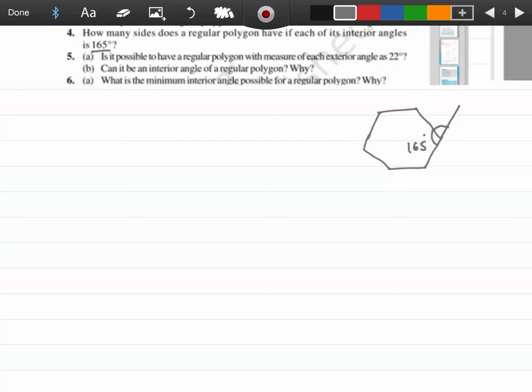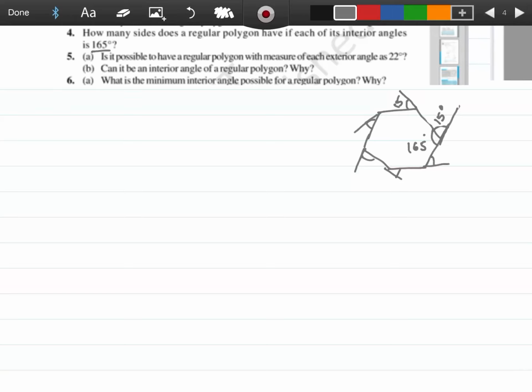What will the exterior angle be here? 165 plus, sorry, it should be 180 degrees. So 180 minus 165 means 15 degrees. Each exterior angle will be 15 degrees.